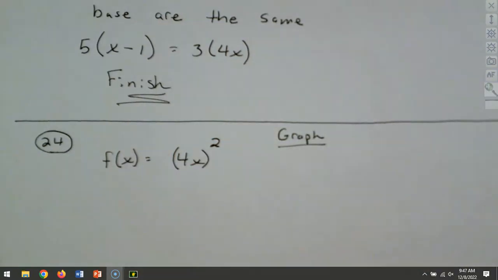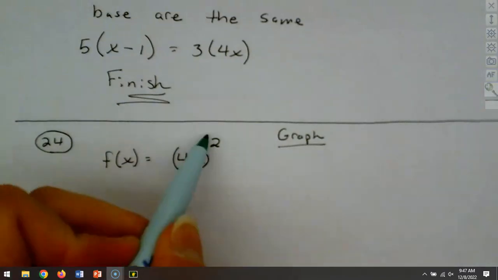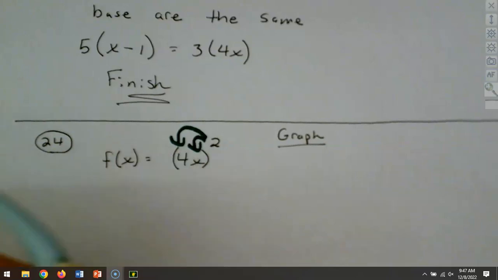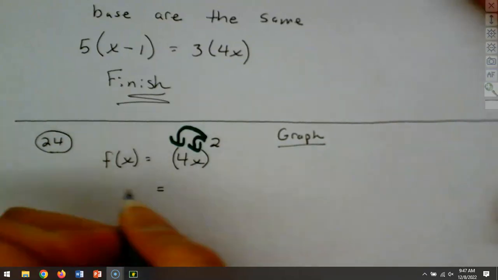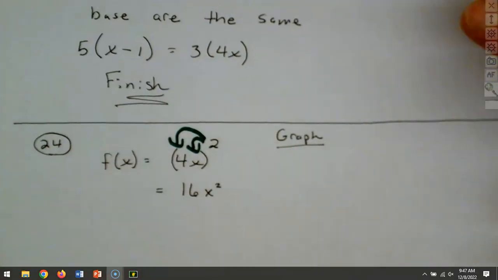Now, what do we need to do with that square? That square needs to be distributed through. Okay? So it's not just 4, it makes it 4 squared, that's a 16x squared.